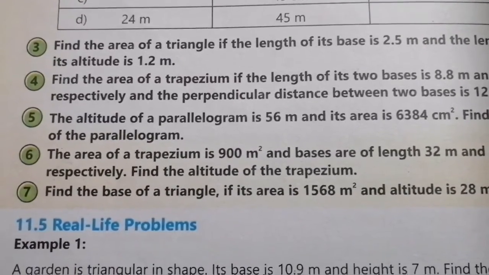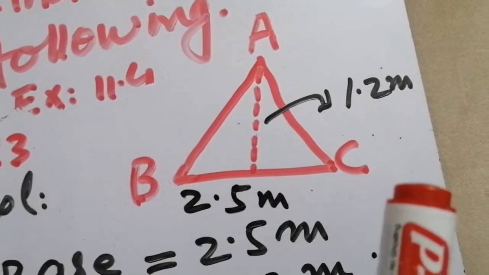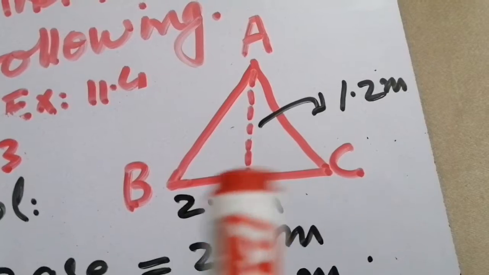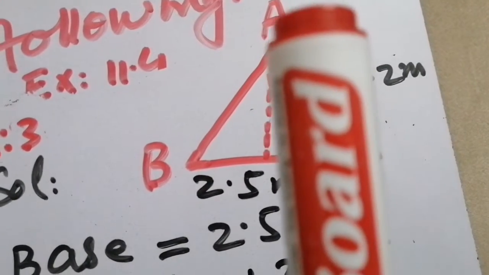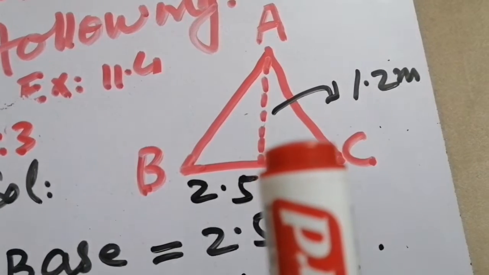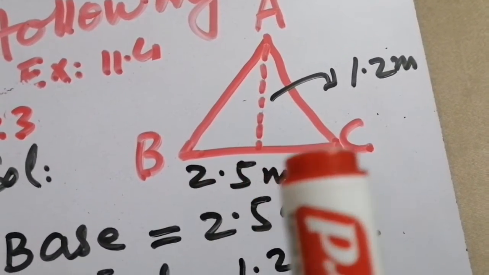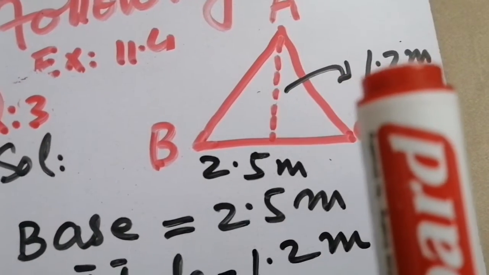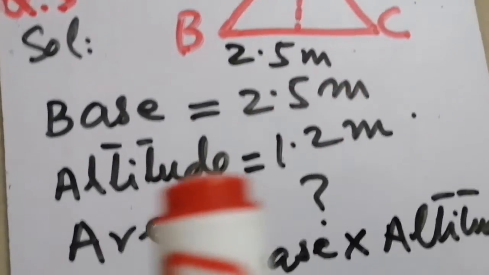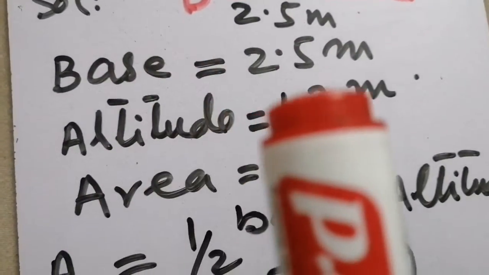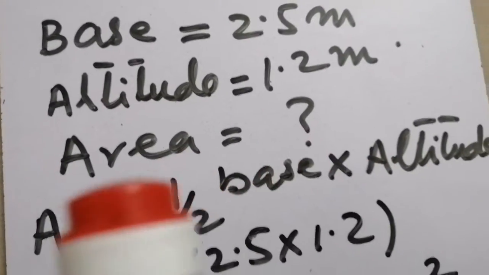This is our triangle ABC, this is the base of the triangle, and this is the altitude. The base is 2.5 meters, the altitude is 1.2 meters, and we have to find the area.